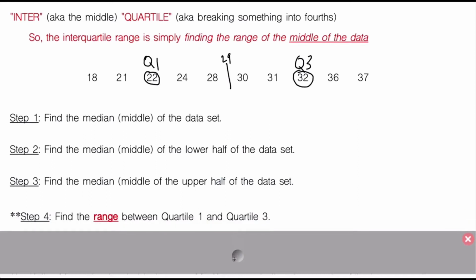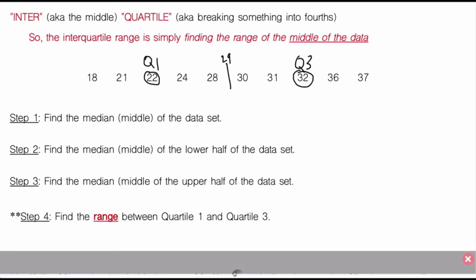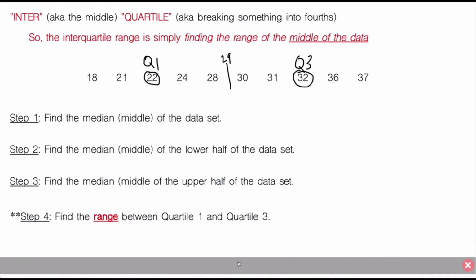Now we want to find the interquartile range. There's just one more step. It's a pretty simple step. Find the range between Q1 and Q3, aka all we're going to do is subtract Q3 minus Q1. So 32 minus 22 equals 10.